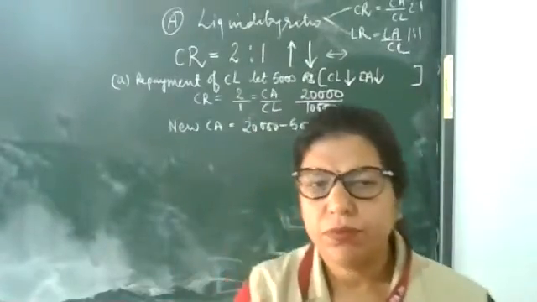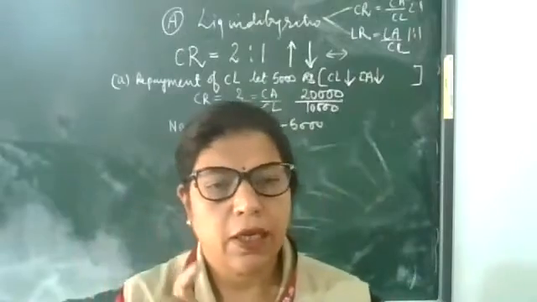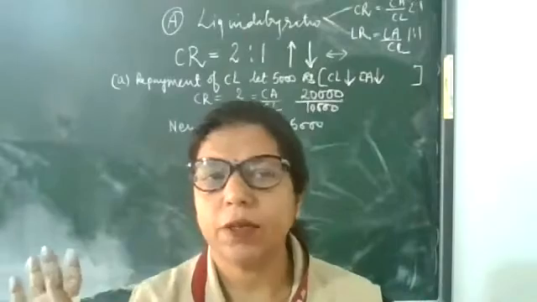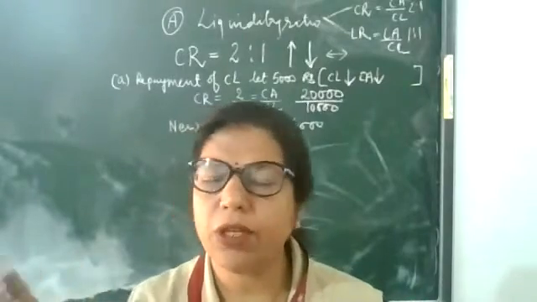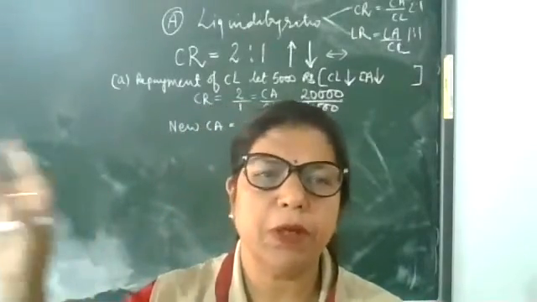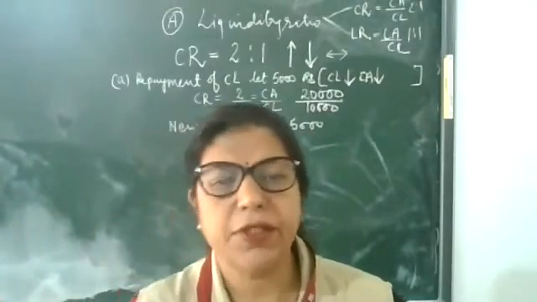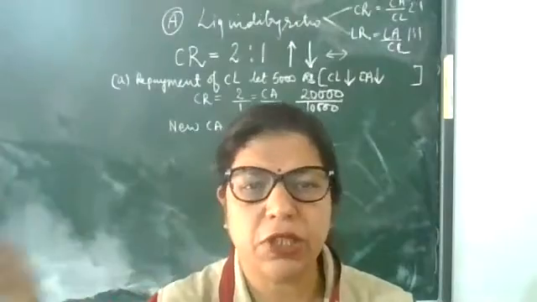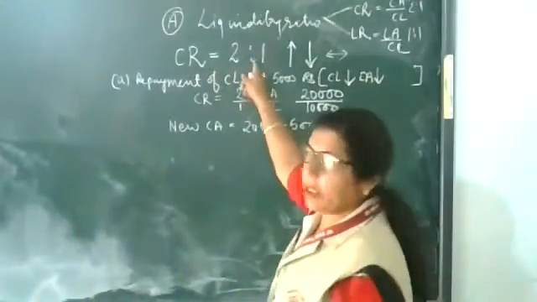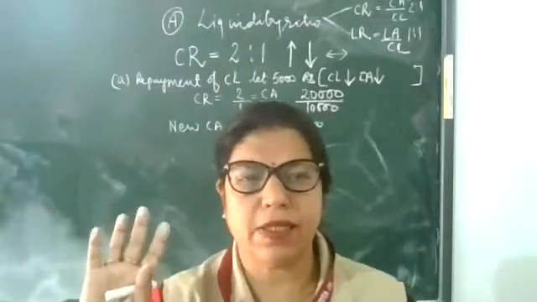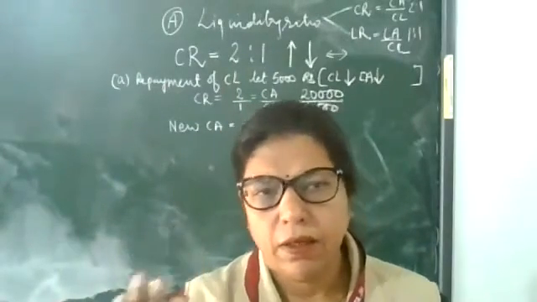Clear? Simple way. Maybe in the exam it will come as repayment or payment of bills payable, payment of creditors. Language may be changed, the ratio may be changed, but the method will be the same.